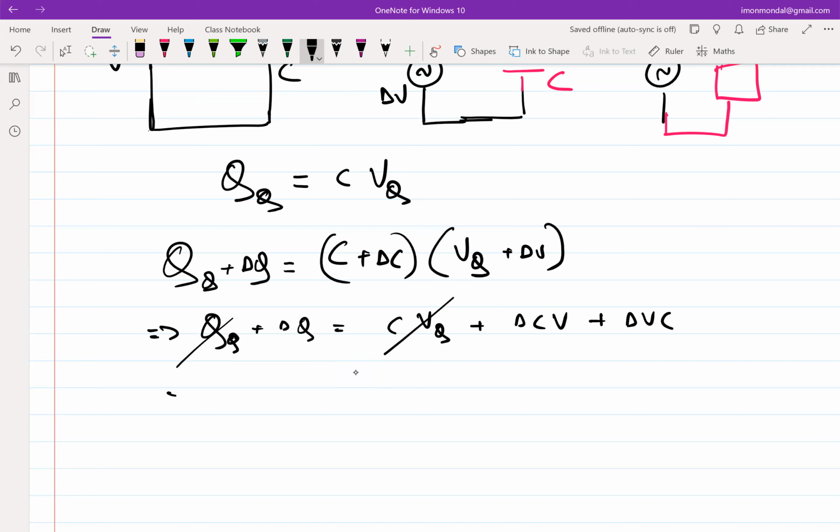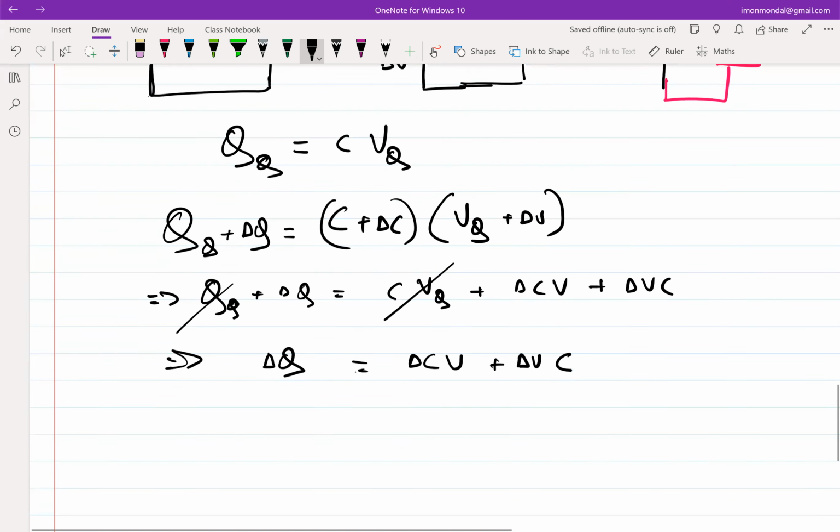Now, we are talking about the relationship between the increments.